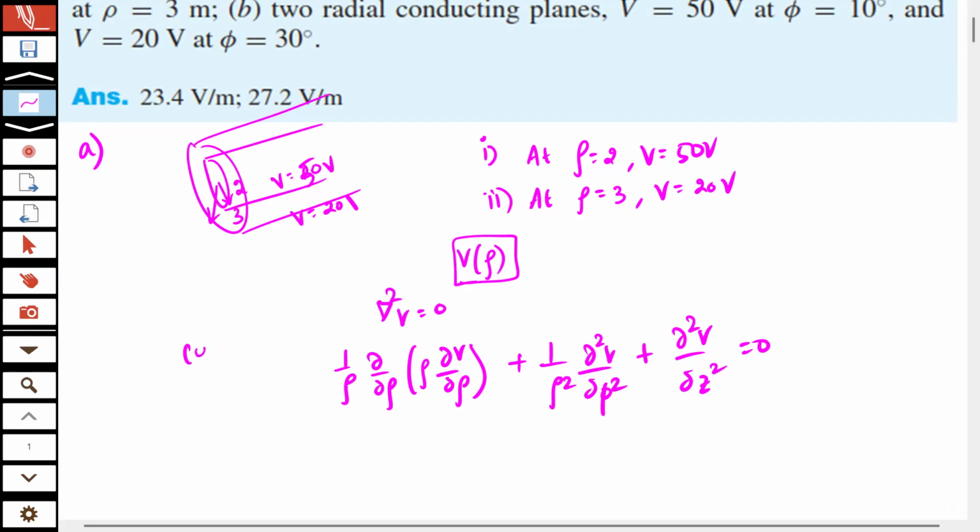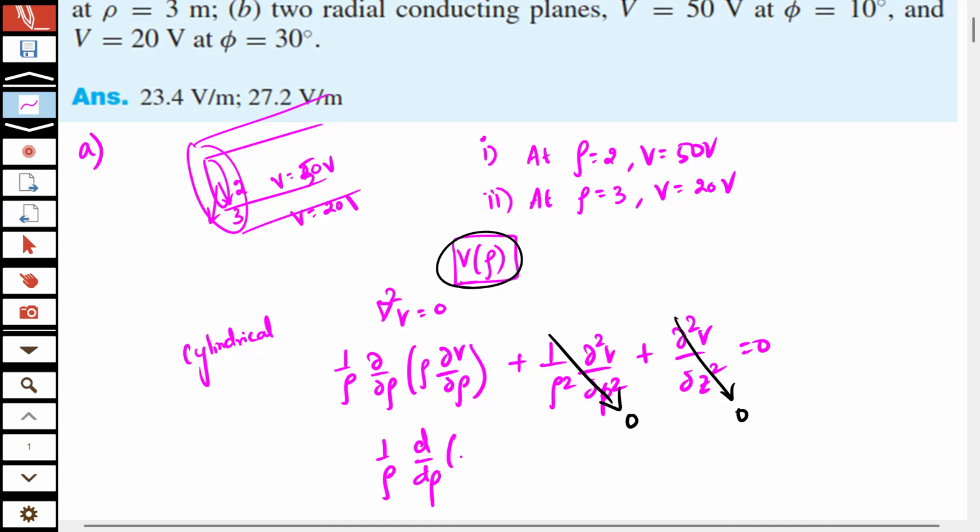This is del square V in cylindrical system, and we know V is only a function of rho, thereby differentiation with respect to phi will be 0 and z will be 0. Thereby we have only this first term, 1 by rho d by d rho of rho dv by d rho equals 0.